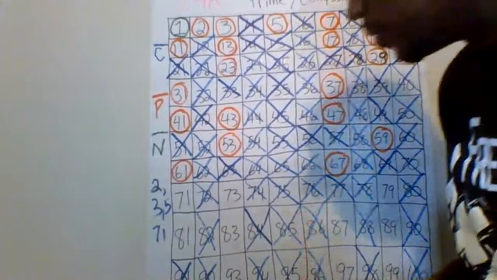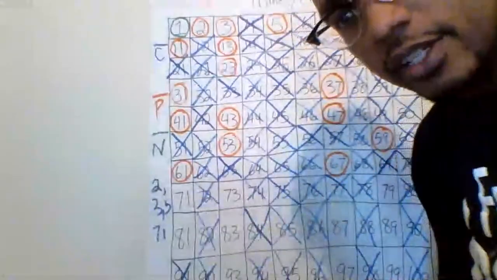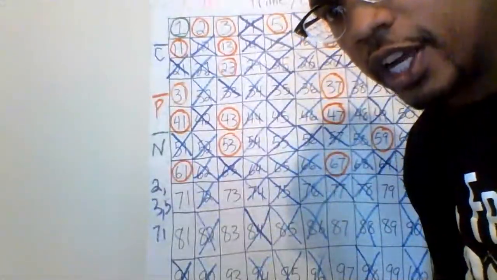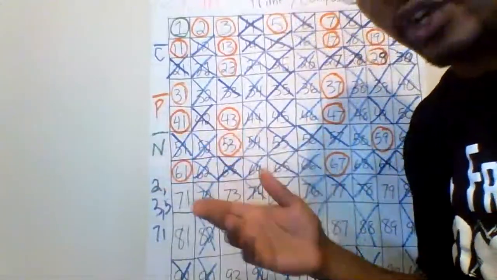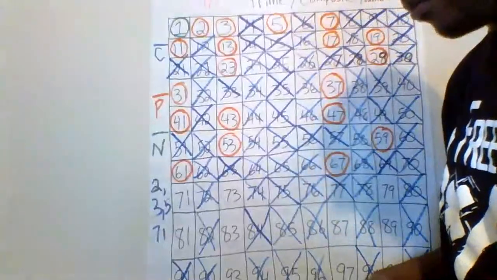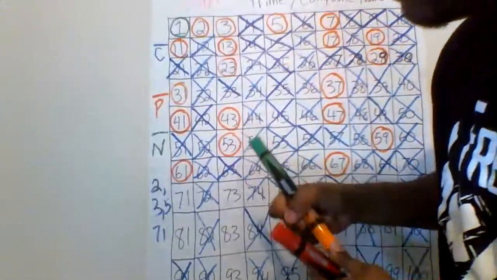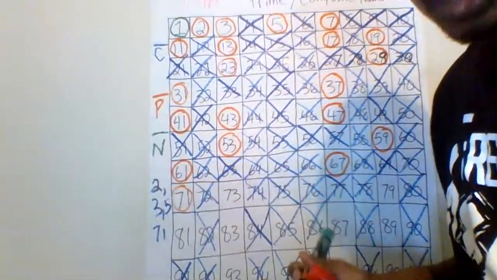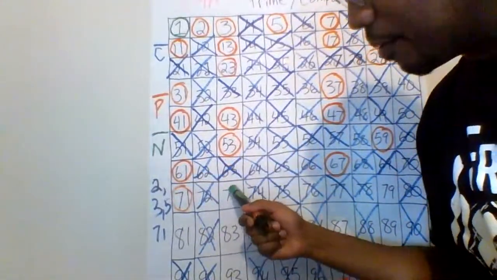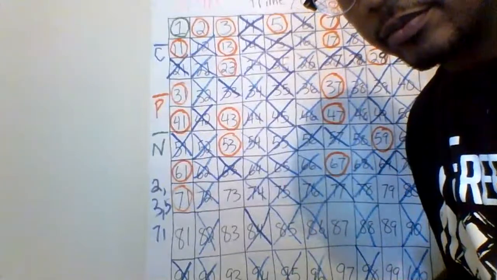All right, we're almost done. 71. 71 is prime, Darlene, because 7 plus 1 is 8. You cannot skip count by 3 to get to 8. All right, 71 is prime. 73, 7 plus 3 is 10.